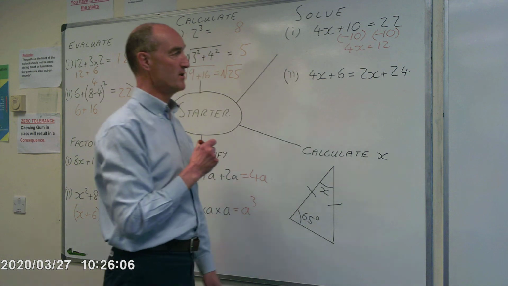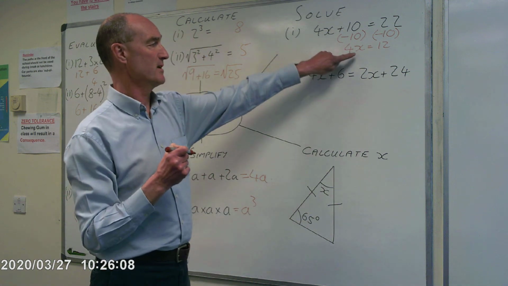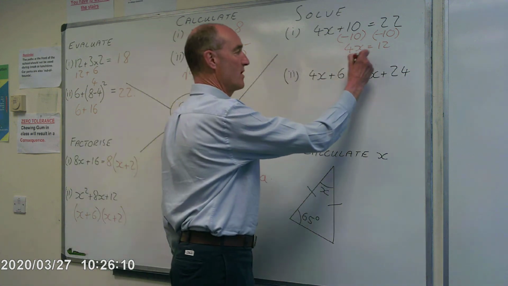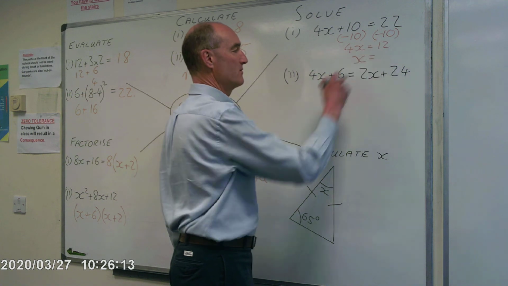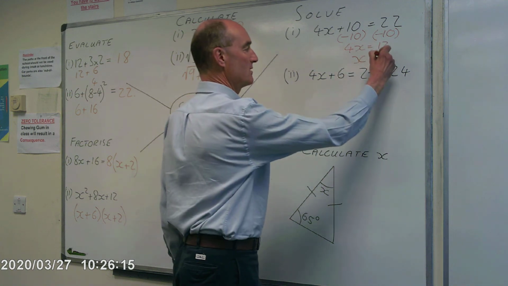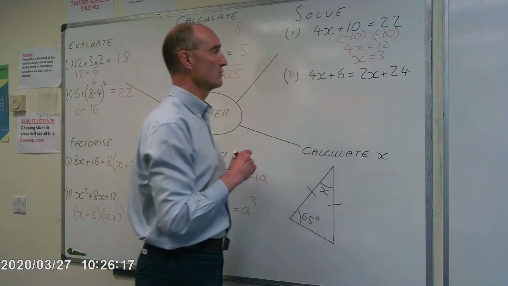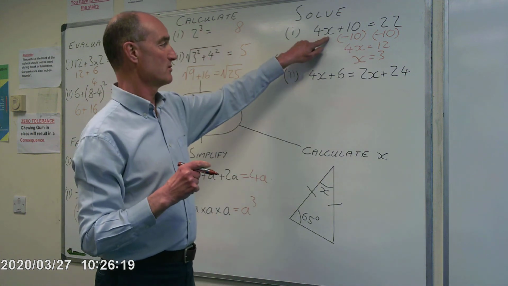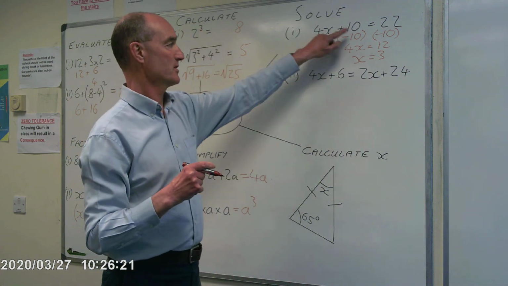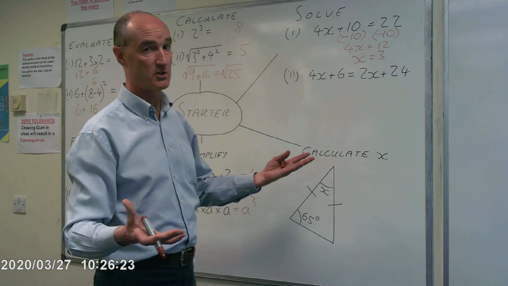Now if we divide both sides by 4, that leaves me my x on its own, which is what we were aiming for. Divide the right hand side by 4 gives me a result of 3, x equals 3. 4 times 3 is 12, 12 plus 10 does equal 22, so it checks out.